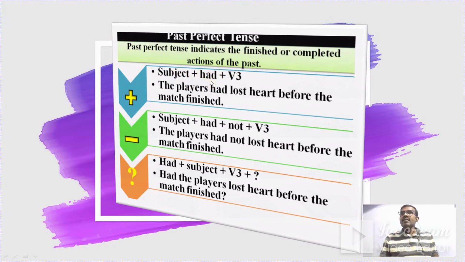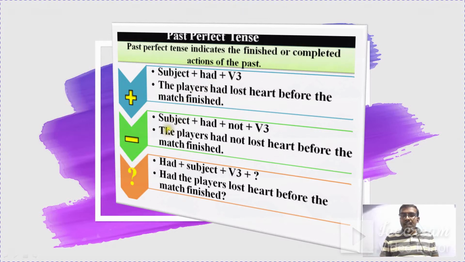In present perfect tense, we use have for plural subjects and has for singular subjects. But in past perfect tense, only had is used with all singular as well as plural subjects. So subject plus had plus V3. The players had lost heart before the match finished.